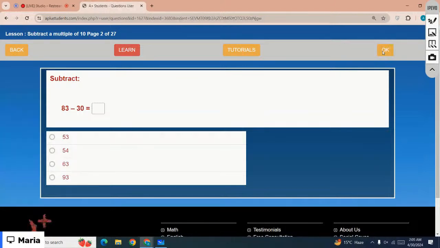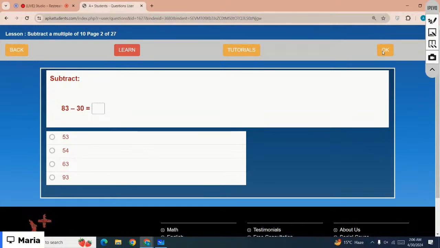83 minus 30 equals, how do we subtract? 3 minus 0 is 3 and 8 minus 3 is 5.